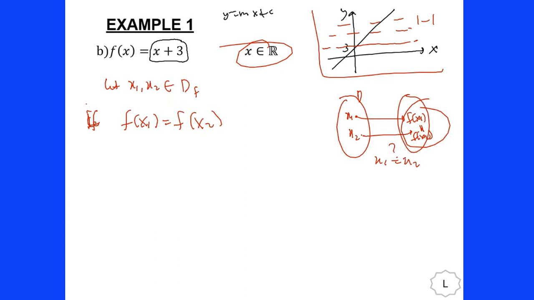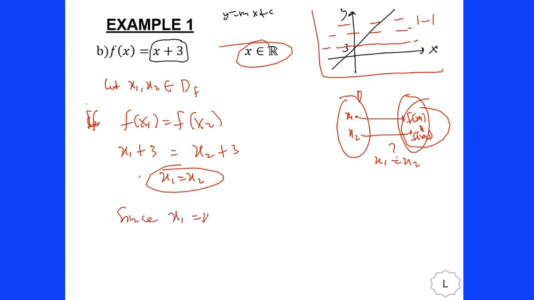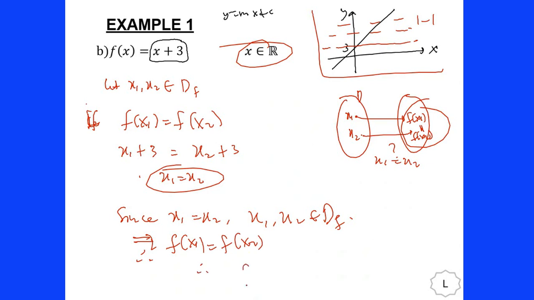If no, it is not. Okay, so substitute x1 plus 3, x2 plus 3, then x1 equals x2. Nothing else, just this. So since x1 equals x2, with x1, x2 in the domain, it implies f(x1) equals f(x2), therefore f is a one-to-one function. Okay, simple for this.